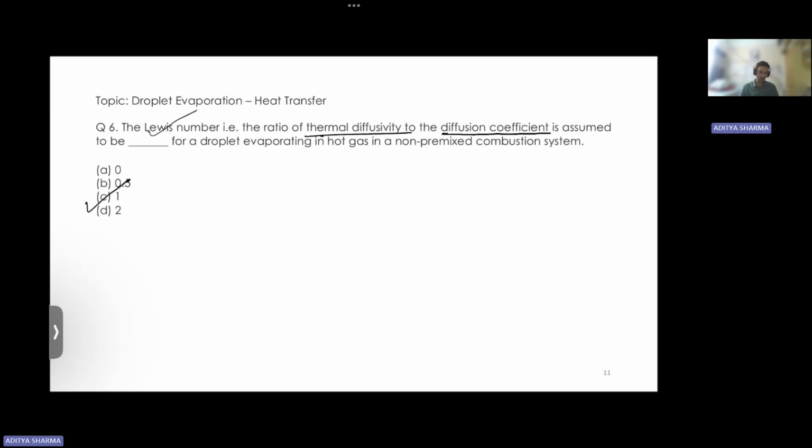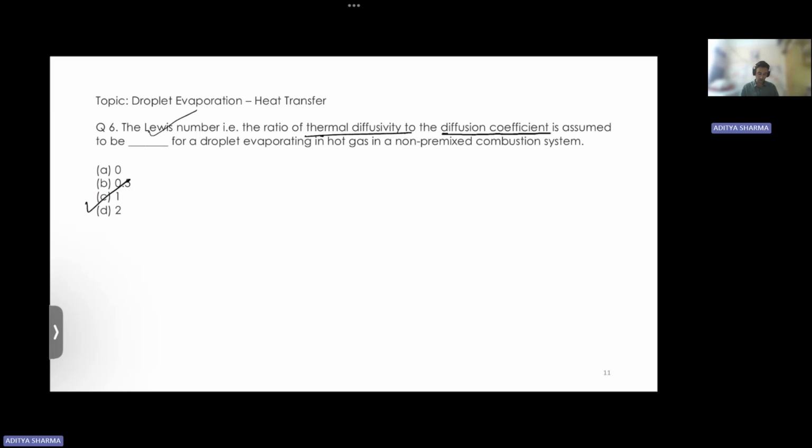So all such assumptions we make to simplify the study that we are undertaking, to better understand the droplet evaporation in terms of heat transfer.